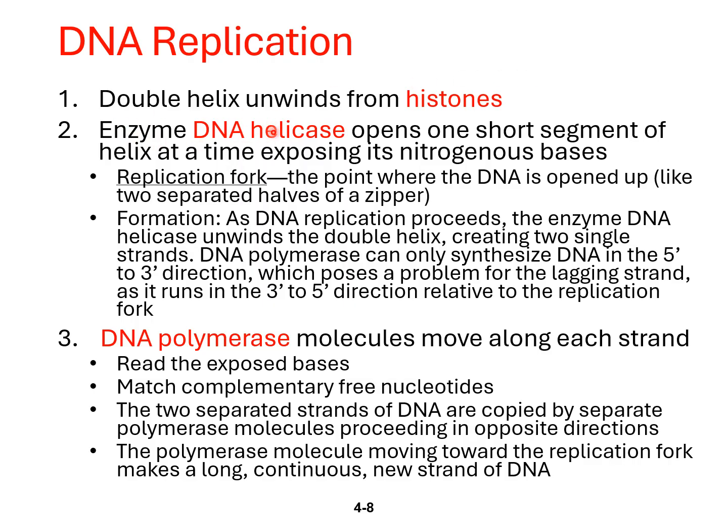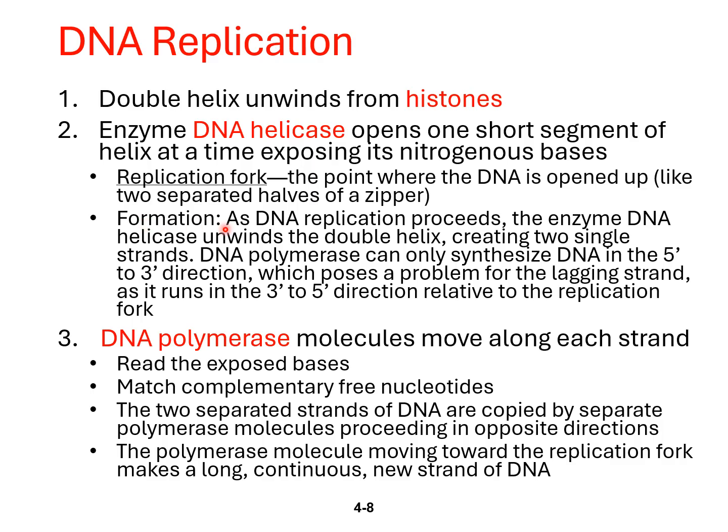The ASE tells you that this is an enzyme that's going to open up the DNA helix. It opens up one short segment of helix at a time, and this exposes its nitrogenous bases. This causes a replication fork, the point at which DNA is opened up, like 2 separate halves of a zipper.